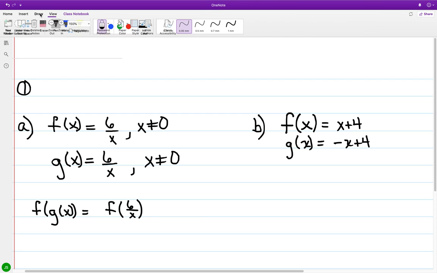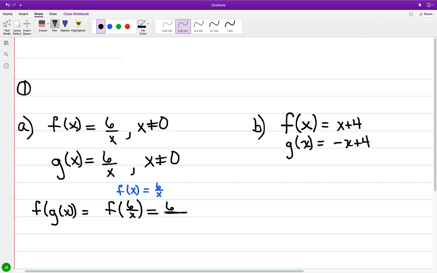Again, we're going to operate in accordance with f of x equal to 6 over x, so f of the input is equal to 6 over the input. Now instead of x, I have the input to be 6 over x. So in following through, we're going to have not 6 over x, but 6 all over 6 over x. And dividing by a fraction is the same as multiplying by the fraction's reciprocal. So you have 6 times x over 6, and so that will be equal to x.